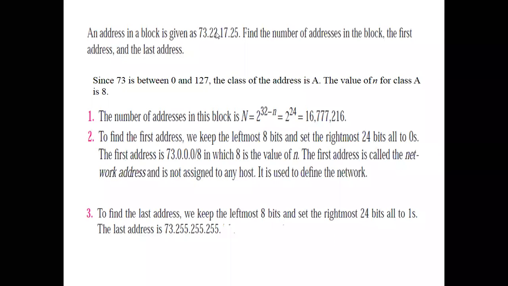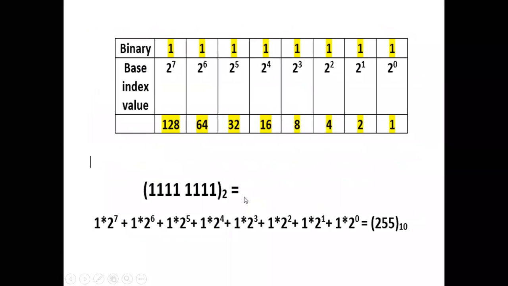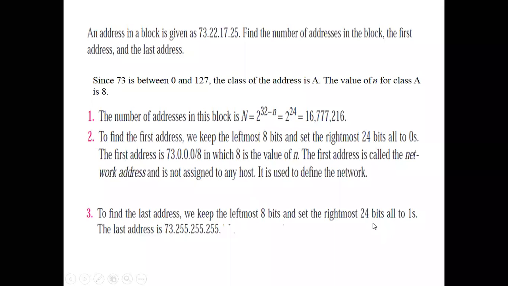That means 8 bits of 1, 8 bits of 1, 8 bits of 1. All this will be written as 255.255.255. Everybody has seen how 1, 1, 1, 1, 1, 1, 1, 1, these 8 bits, when converted from binary to decimal, give 255.